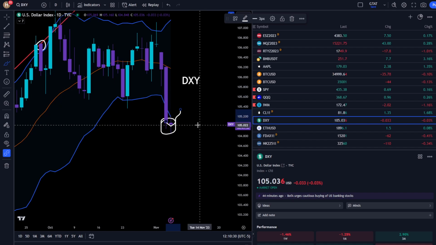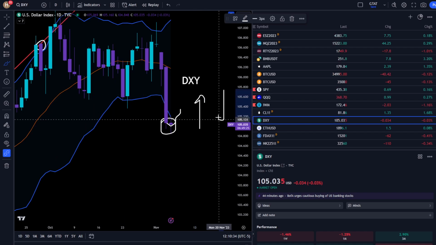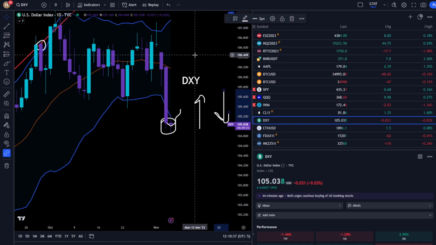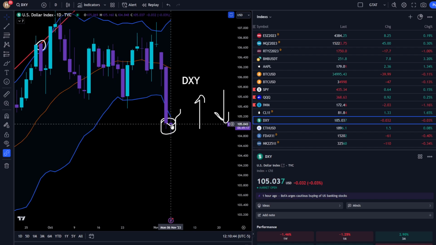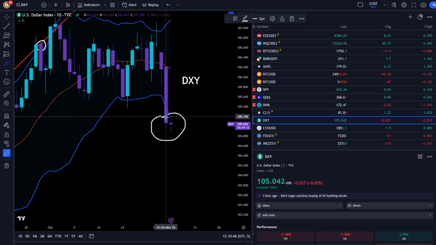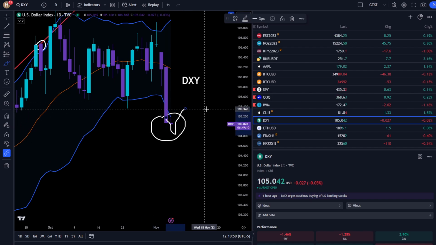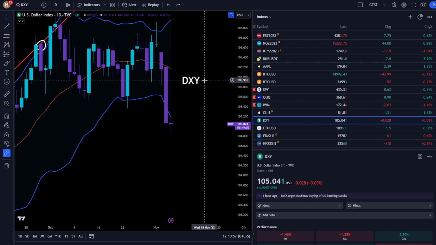If the dollar is showing strength, then the market should be falling. I personally think the dollar should be bouncing. We're outside of the lower level of the Bollinger Bands, so we should get a bit of a bounce, and if that happens, that is bearish for the market. That is another reason why I am bearish for today, and that was my main direction that I was trading everything today.